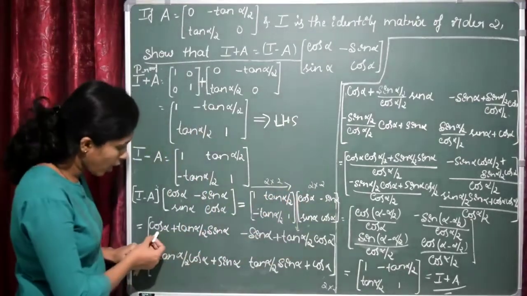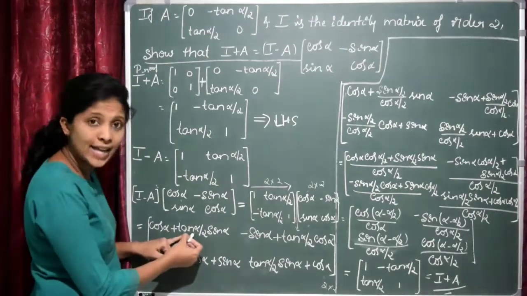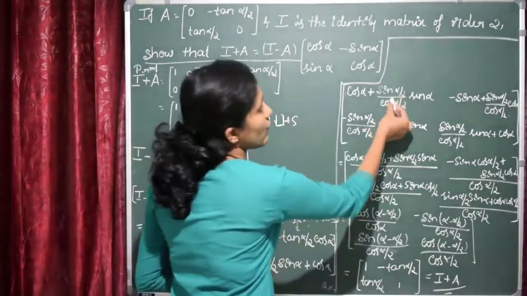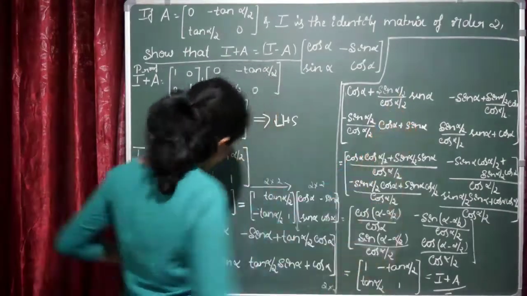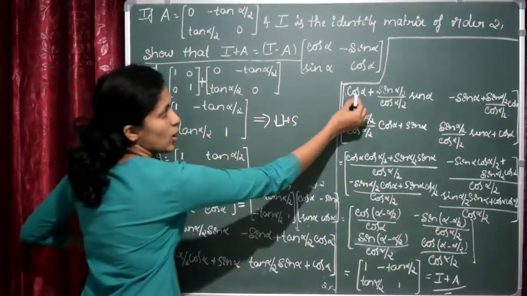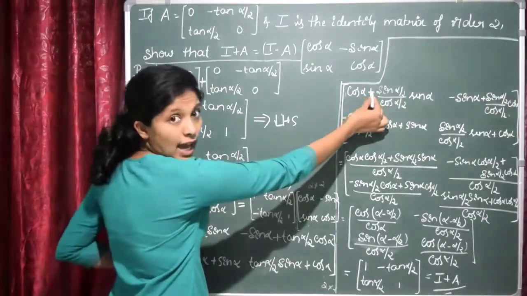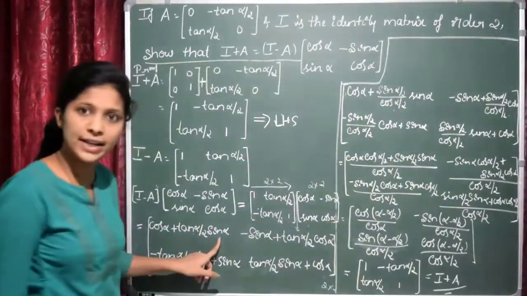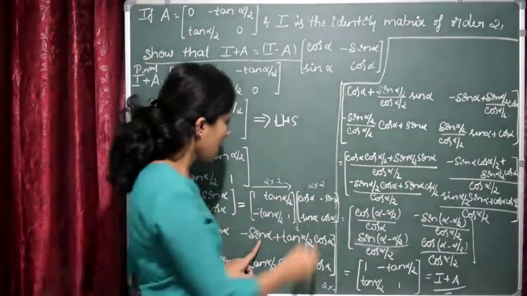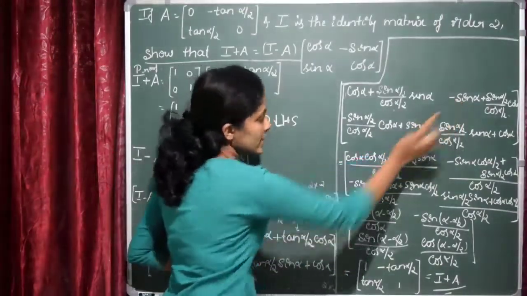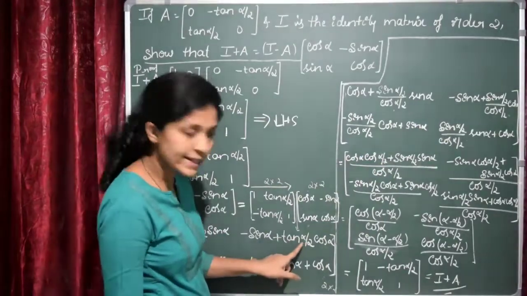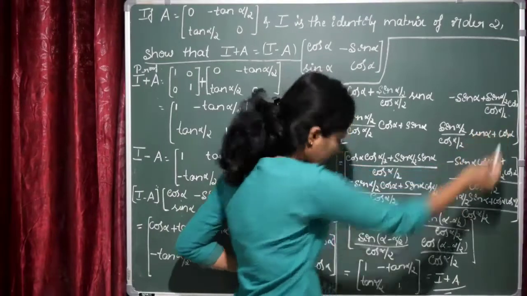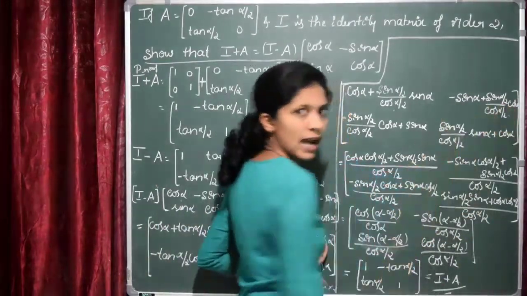Now see here, cos alpha is there plus tan alpha by 2 is there. Tan alpha by 2 can be written as sin alpha by 2 by cos alpha by 2, right? First term is as it is here, cos alpha plus tan alpha by 2 written as sin alpha by 2 by cos alpha by 2, and next one is sin alpha as it is. Minus again sin alpha is as it is plus tan alpha by 2 written as sin alpha by 2 by cos alpha by 2, and next is the cos alpha as it is.